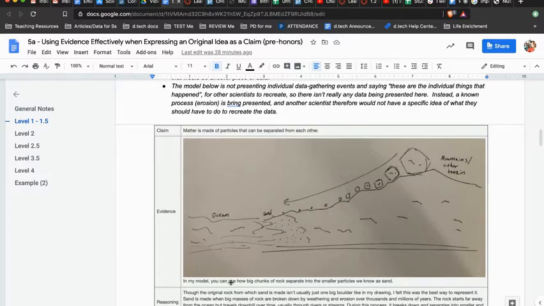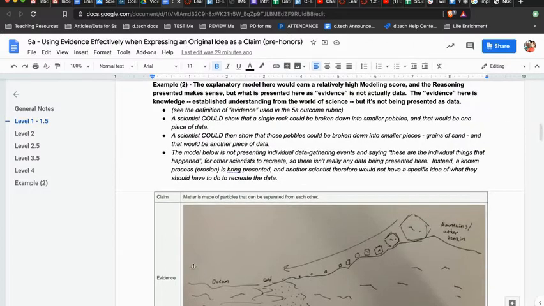I want to assume, oh yes, this is evidence, but what I want to see, if it's really evidence, is a presentation like, a scientist could show that a single rock could be broken down into smaller pebbles. There's one discrete event that I could go repeat, right? And then you could take those smaller pebbles and break them into smaller pebbles, grains of sand, even.